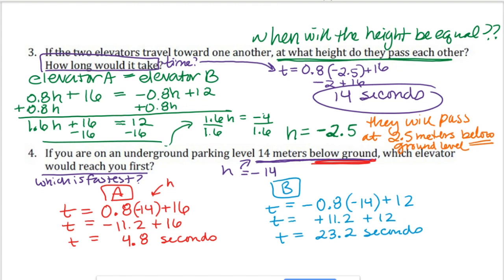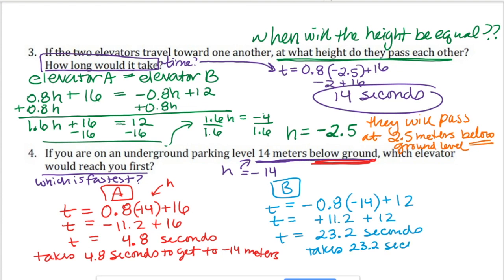So this is saying that it takes 4.8 seconds to get to negative 14 meters, right? And elevator B takes 23.2 seconds to get to negative 14 meters.